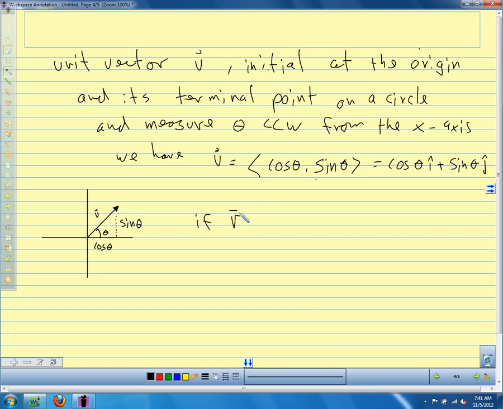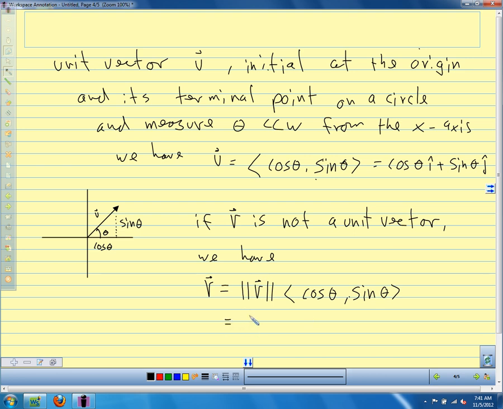If we have v that is not a unit vector, and it also makes this angle theta counterclockwise from the x-axis, we can write v equals the magnitude of v times the vector cosine theta, sine theta.